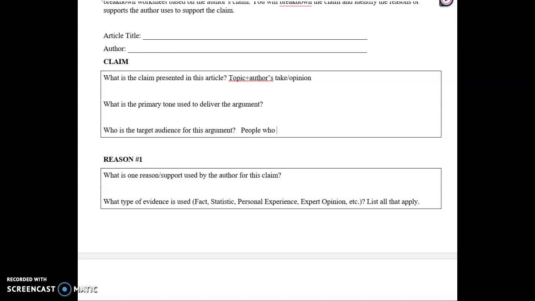That's not really a good answer when you're thinking about this critically. Think about who the group of people this is written for actually are. Think about who would be interested in this article, who cares about this article, who is going to have some stakes in this article. So limit it to people who. Start with people who, and then finish the thought from there.